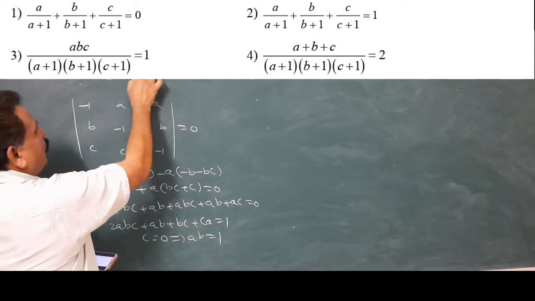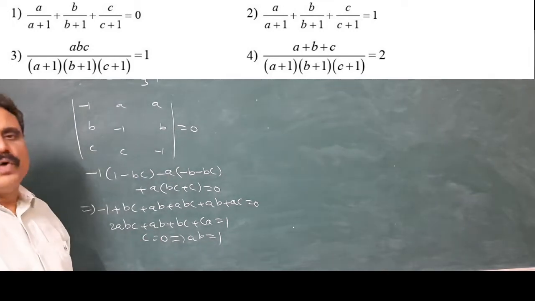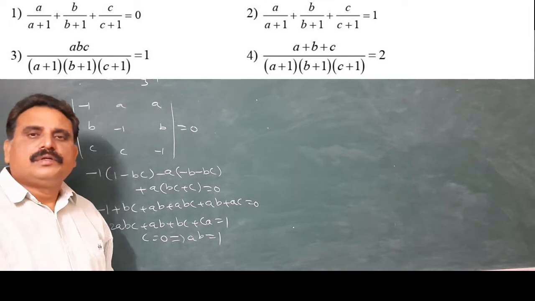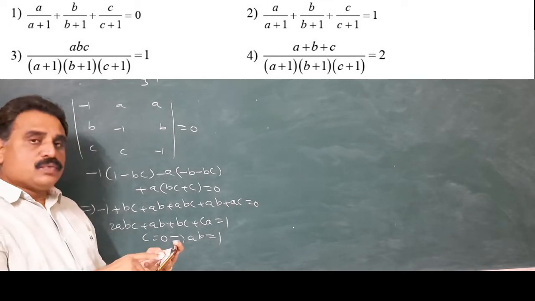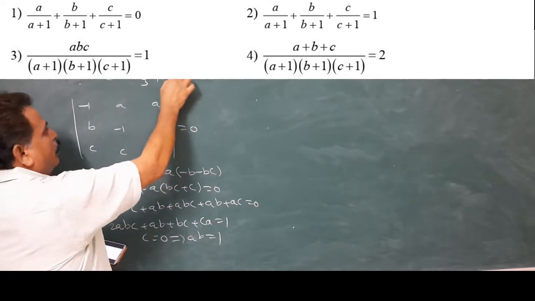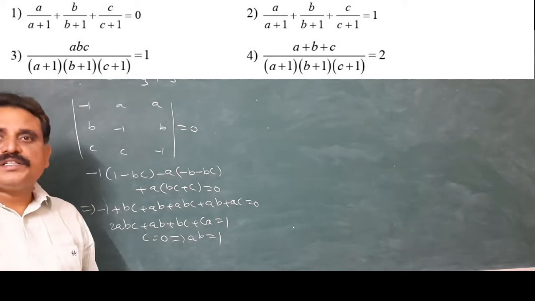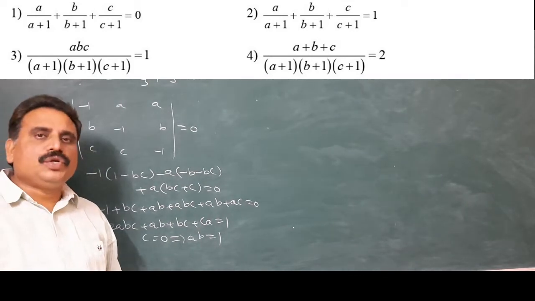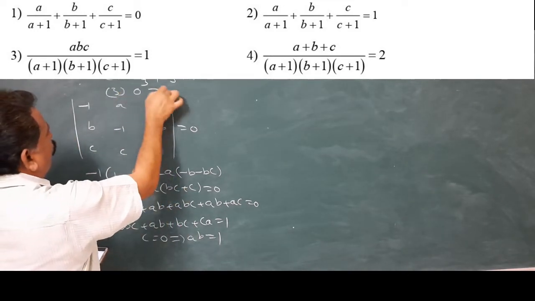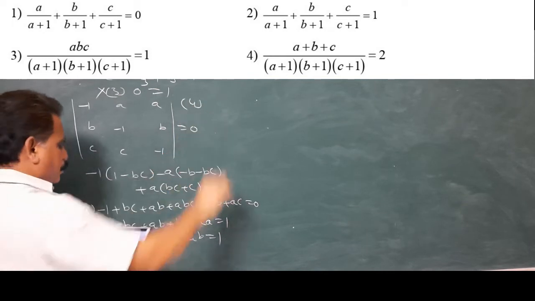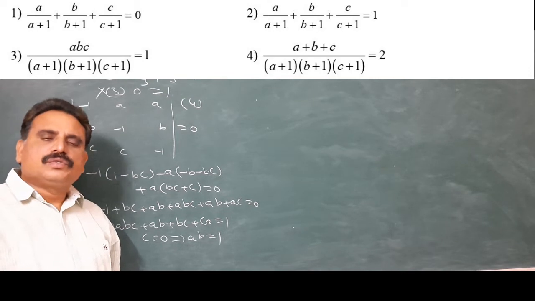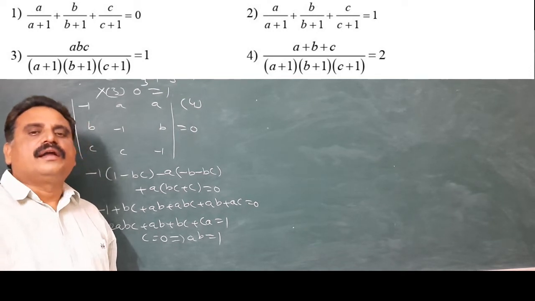Second option: 2 by 3 plus B by B plus 1, which is 1 by 2 by 3 by 2, that becomes 1 by 3, that equals 1. Maybe the second option is correct. Now the third option: C is 0, 0 equal to 1, that is wrong. Fourth option, let us check that, not equal to 3. So second option is the right answer.